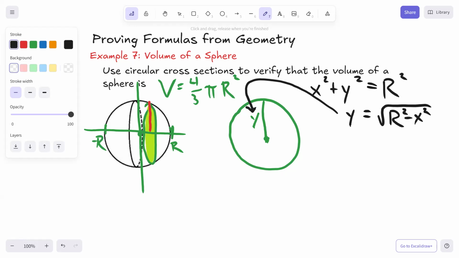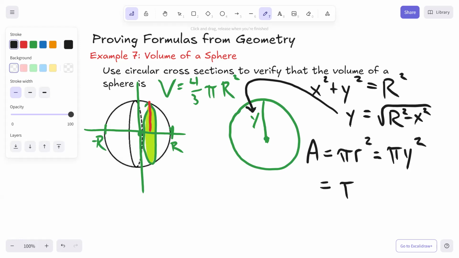which is the radius of our slice. The area of that slice is pi r squared, and the radius of that slice is the y value, which in terms of x is the square root of capital R squared minus x squared.